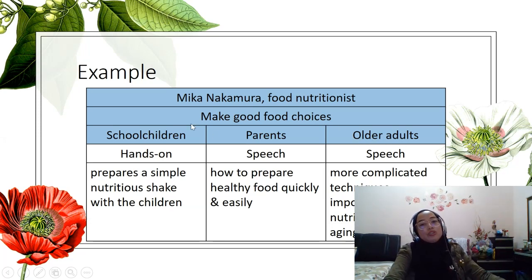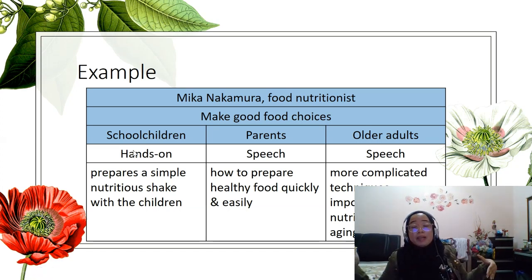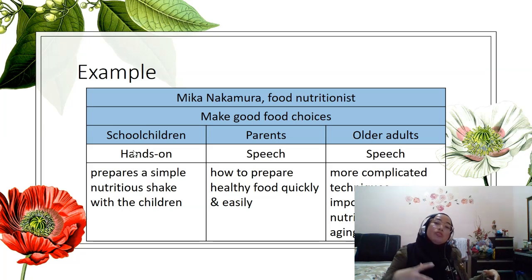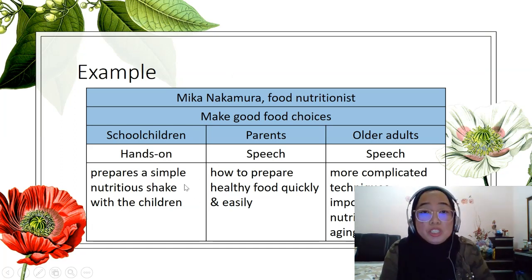For school children, her approach involves more hands-on activities, because children don't have a long attention span, obviously. She wants the students to be entertained and stay engaged, so she would prepare a simple nutritious shake or even a simple meal with the children.